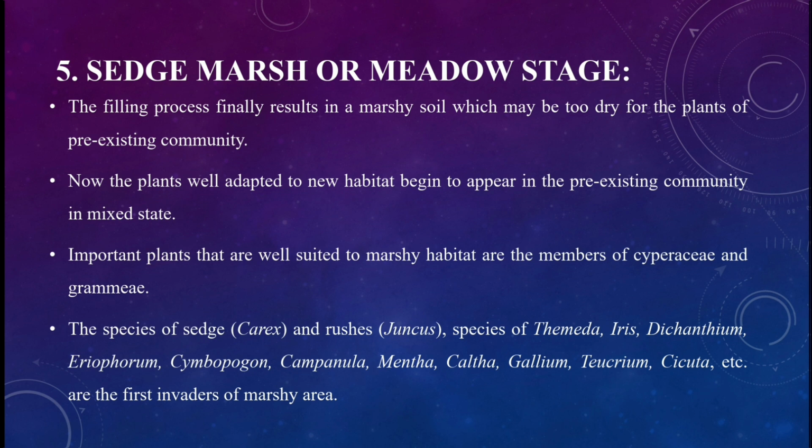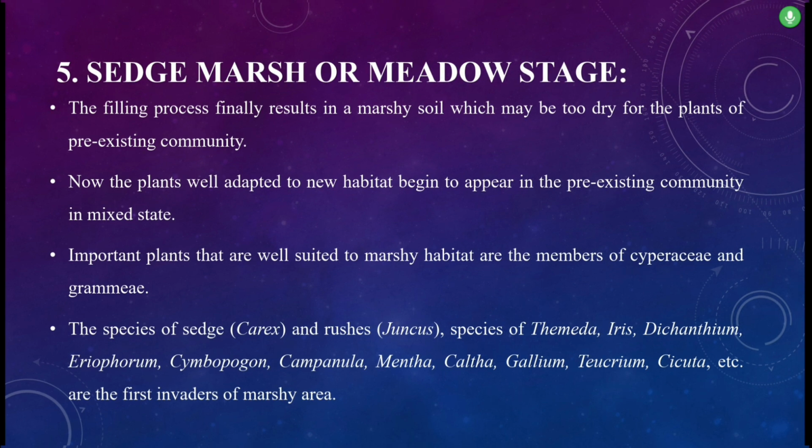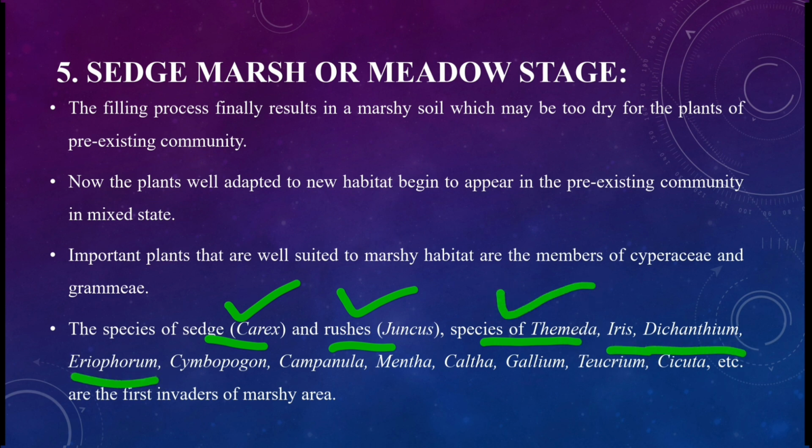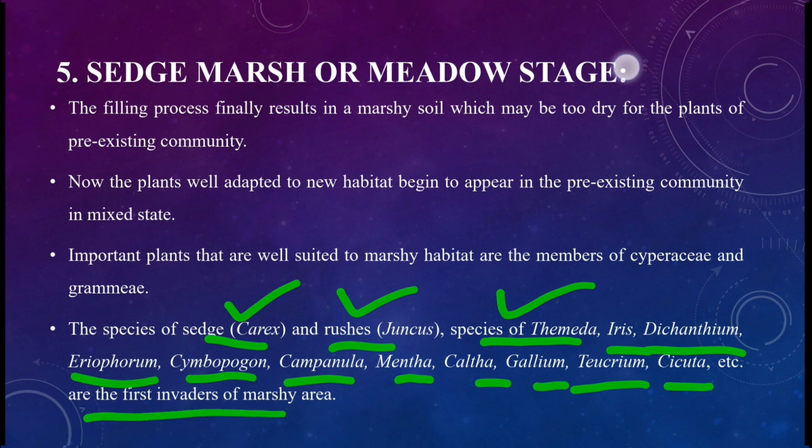Important plants well suited to marshy habitat are the members of Cyperaceae and Gramineae. So these are some species like sedge, Carex, rushes, species of Thalia, Iris, Dichanthium, Eriophorum, Cymbopogon, then Campanula, Mentha, Caltha, Galium, Teucrium, then Cicuta, etc. These are fast invaders of marshy areas.